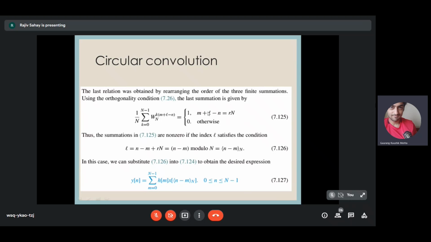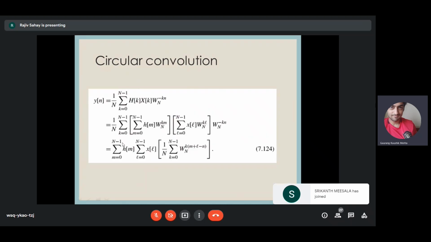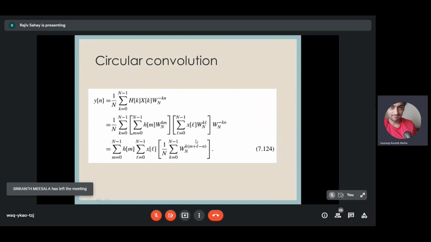It turns out that this term is equal to 1 only when m plus l minus n is equal to r into capital N, according to the periodicity property of the exponential e to the power minus j 2 pi kn by capital N. Only then do you get a non-zero y of n. Otherwise this term will go to 0, because the complex exponentials are supposed to be orthogonal to each other.